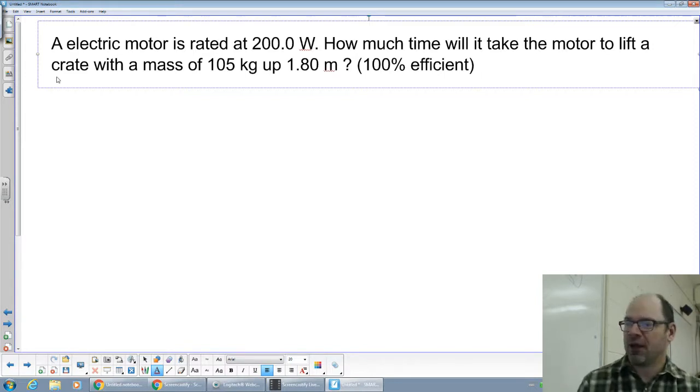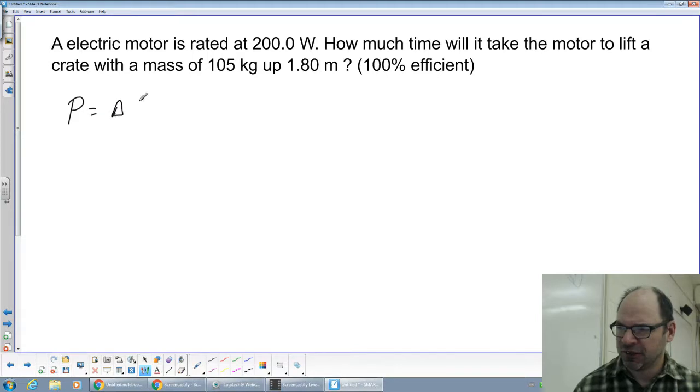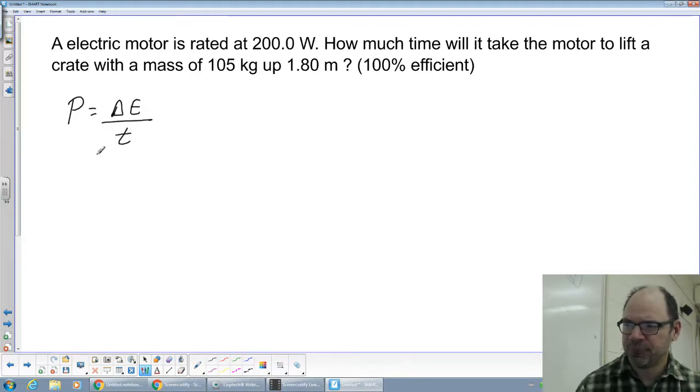But we'll just assume that it does 100% efficiency. What's the quickest it can go? So in this case, we're using a power energy form. So we're looking at power equaling a change in energy over time instead of a change in work over time.